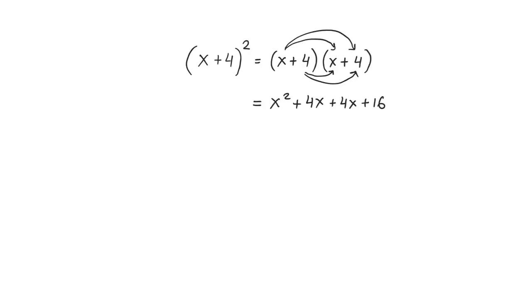Now we will combine the two like terms in the middle, 4x and the other 4x, and we will get x squared plus 8x plus 16. So the trinomial x squared plus 8x plus 16 is a perfect square trinomial because it was obtained by raising a binomial to the second power.